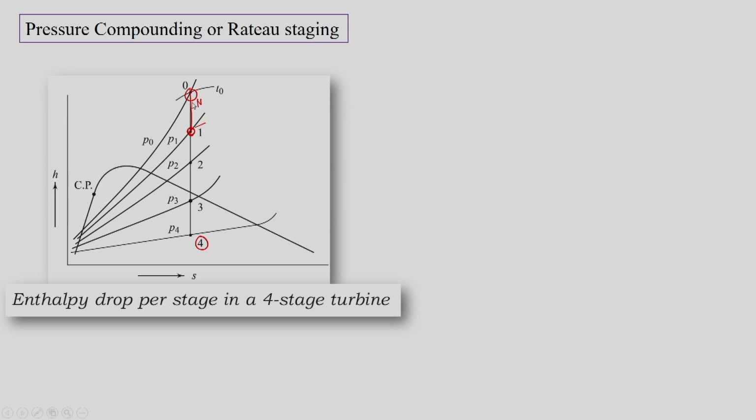Since the rotor will not have an enthalpy drop, the second nozzle will have the second enthalpy drop, then this is the second rotor, then we have the third enthalpy drop, third rotor, and fourth enthalpy drop and fourth rotor. So, this is the complete expansion from 0 to 4 in the 4 stage pressure compounding turbine.